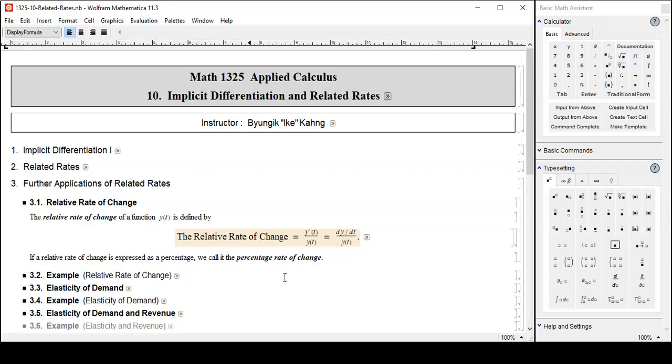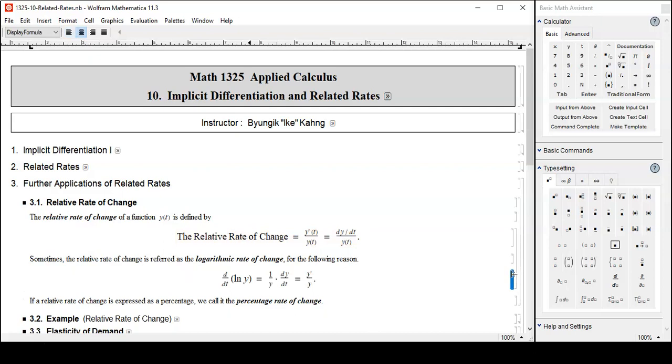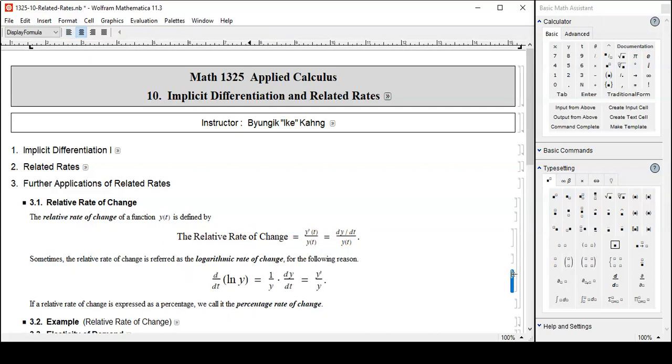Now, this may be a bit too advanced, but let me talk about another aspect of relative rate of change. And this is particularly important for life science students, biology or health science. The logarithmic rate of change and the relative rate of change, these two end up being the same thing. That's because of this computation.